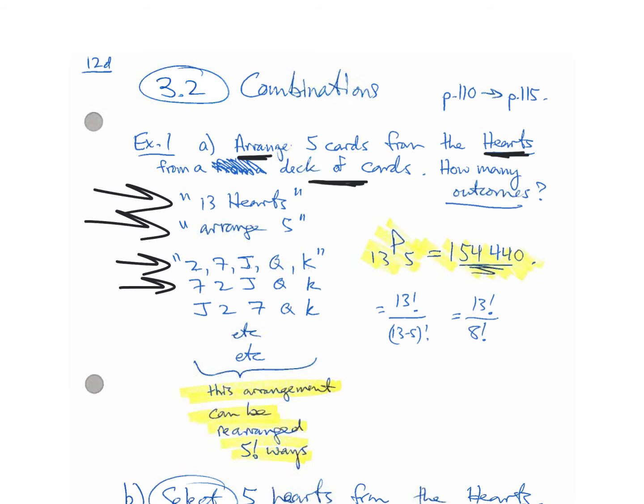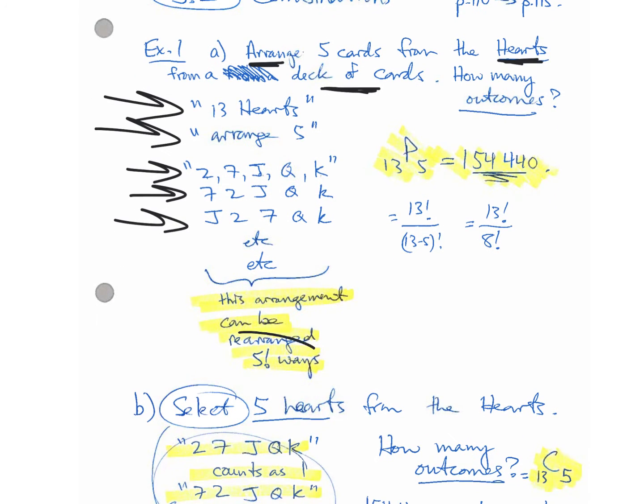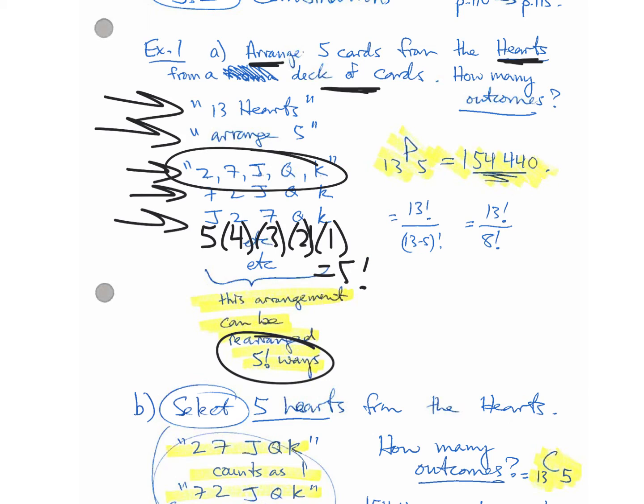Or we can move the Jack around, and we have Jack, 2, 7, Queen, King, etc. So there are going to be 5 factorial ways to rearrange the same selection. Keep that in mind. There are 5 choices for the first position, followed by 4 choices, followed by 3, followed by 2, followed by 1. That's 5 factorial ways to rearrange this selection.